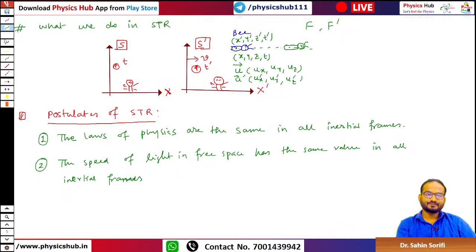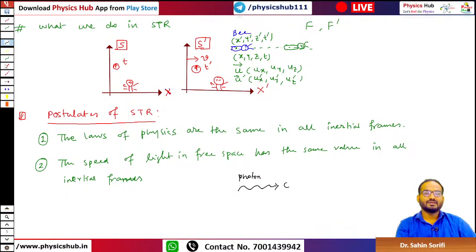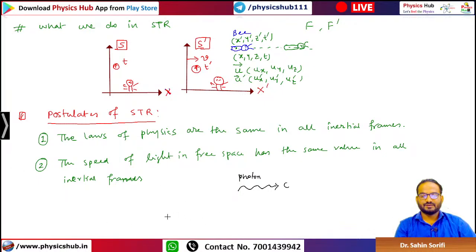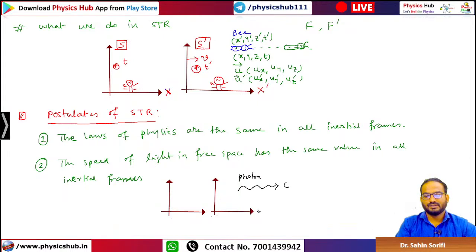Let's say a photon is moving, right? You have a photon, so this photon will move with speed c. If you measure it from a reference frame, let's say S, or a reference frame S prime which is moving with respect to S frame with a velocity, let's say v. Here it is x prime and this is x.